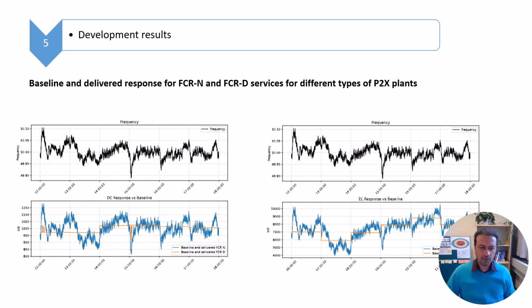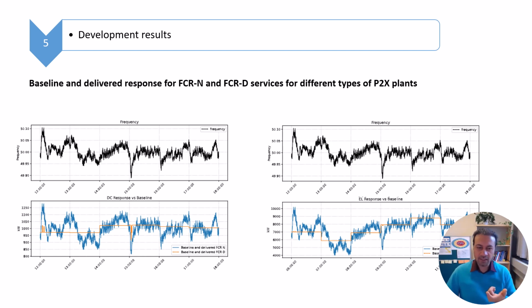Here you can see some of our results on frequency response. At the top you can see how the frequency fluctuates, and at the bottom you can see on the left side how the data center responds, and on the right side how the electrolyzer responds. And as you can see here, if you remember from the FCRD service, there was a dead band.